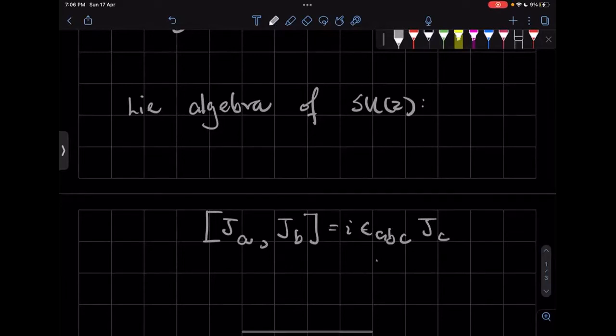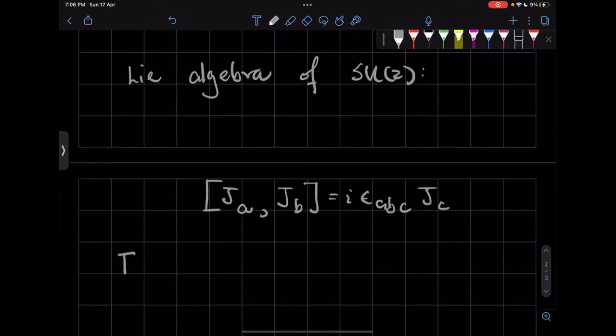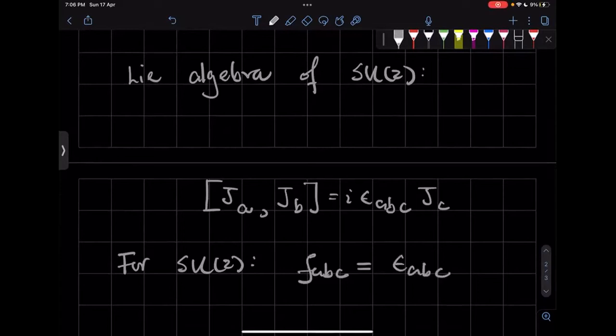Because if this is 1, this is 2, this has to be 3, because all the structure constants are 0 when 2 of the indices are the same, right? And in this case, for SU2, it's possible to choose the structure constants to be epsilon ABC.